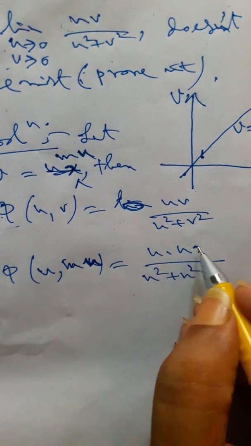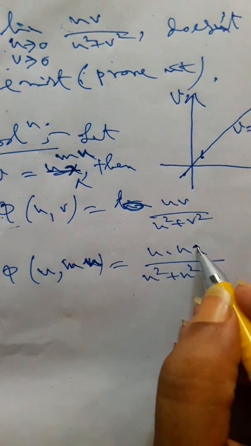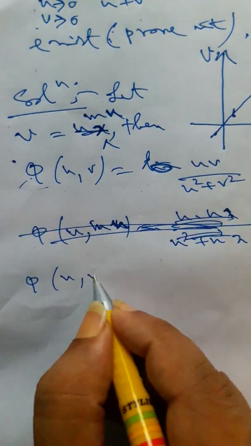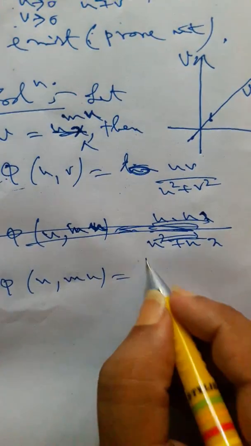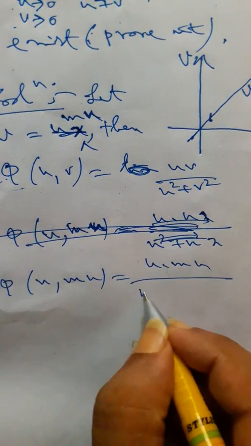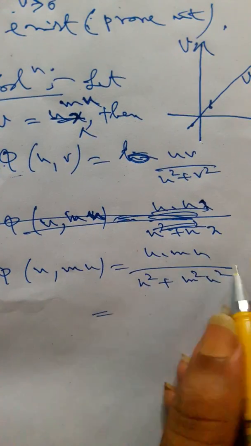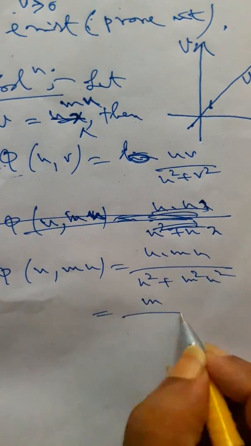Putting these in, phi of (u, mu) will be u times mu u by u square plus m square u square. U square will be cancelled, so the result will be this.